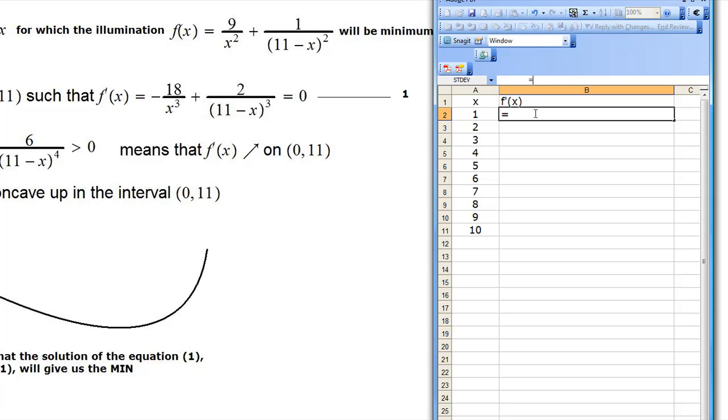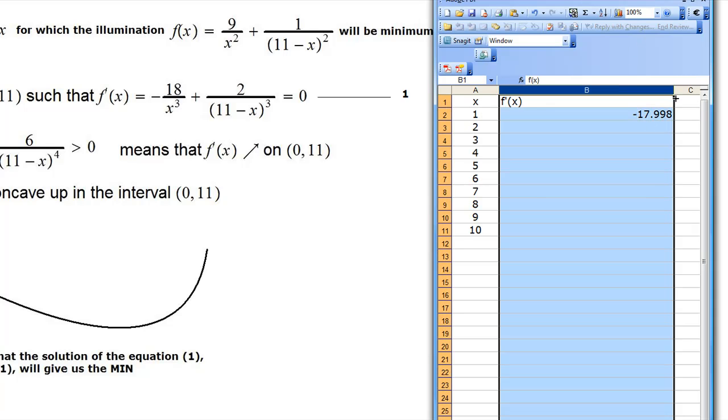So we will enter this: equals negative 18 over the quantity to the third power, and then we add 2 divided by 11 minus the quantity again, raised to the power 3, and close the parentheses. All right, so here is the value.